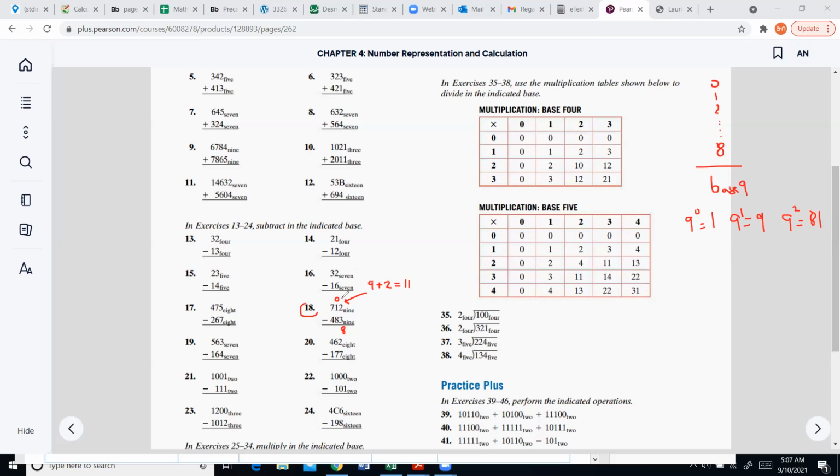And I move to the next place. When you say place of tens, well, they're not really tens. They're the place of the first power of 9. So it's basically 9s. And I start to think about subtracting 8 from 0. And again, 0 is not enough to have 8 subtracted from it. So I borrow another 1 from the previous place. So that previous place now will have 6 in it.